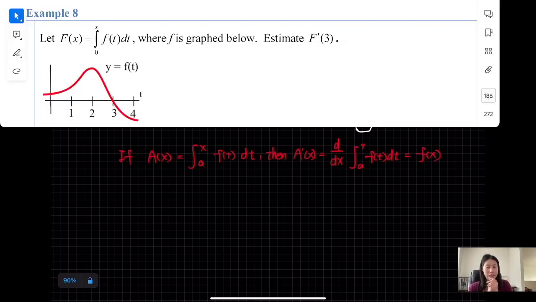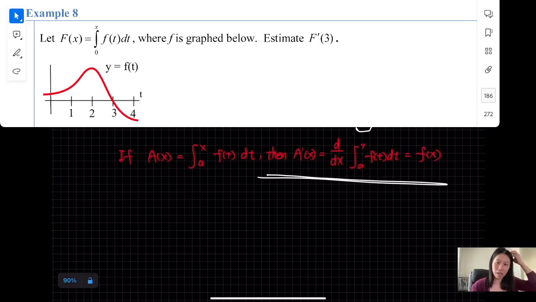So now let's take a look at this example. Let F of x equal the integral from 0 to x of little f of t dt, where f is graphed below, and estimate F prime of 3. By the fundamental theorem, we know that if A of x equals the integral from a to x of f of t dt, then the derivative of A of x is equal to little f of x.